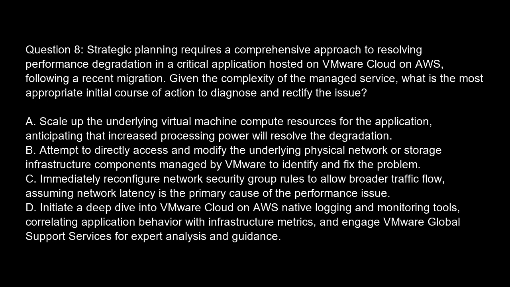Option C. Immediately reconfigure network security group rules to allow broader traffic flow, assuming network latency is the primary cause of the performance issue. Option D. Initiate a deep dive into VMware Cloud on AWS native logging and monitoring tools, correlating application behavior with infrastructure metrics, and engage VMware Global Support Services for expert analysis and guidance.